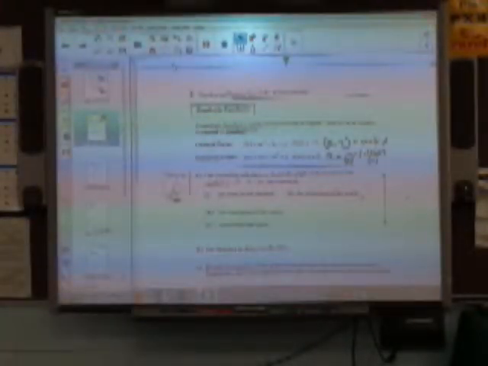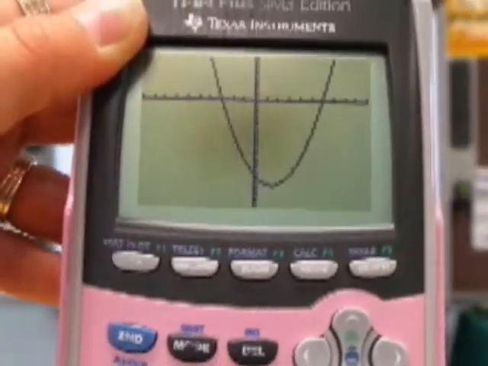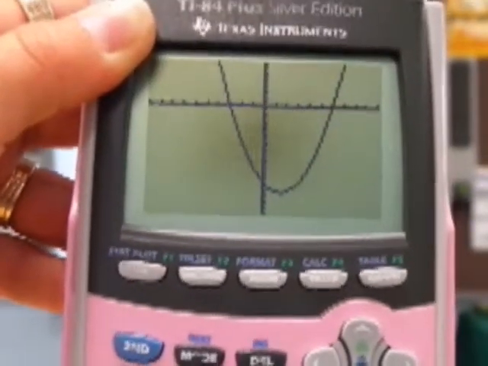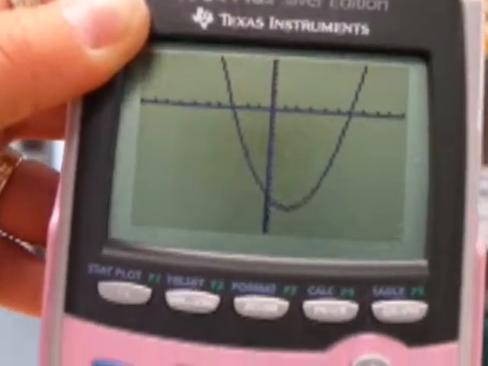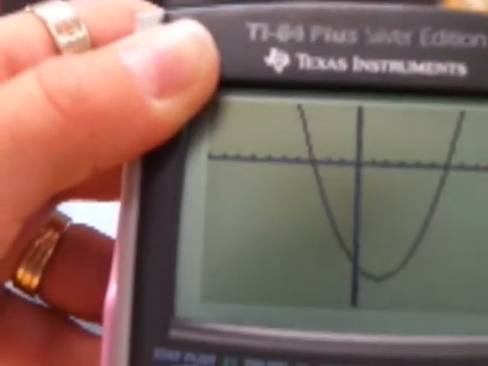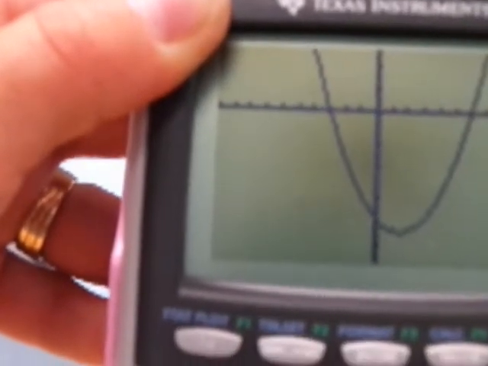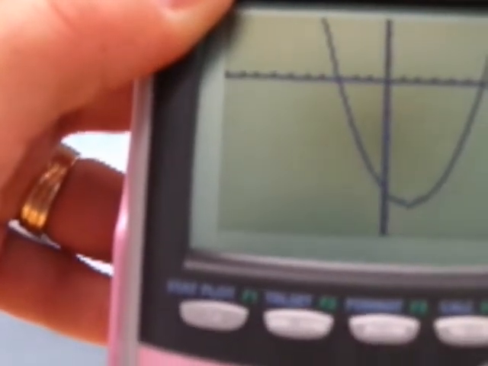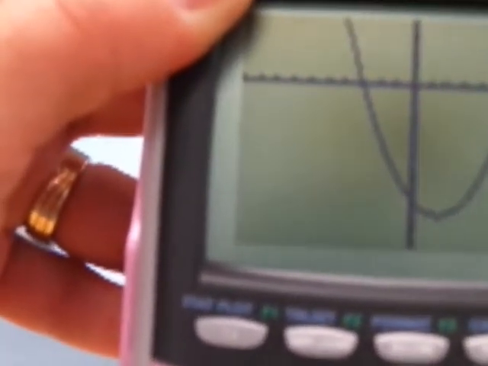And then if I graph it again, there's the graph that I want to be able to see. I want to see where it crosses the y-axis and where it crosses the x-axis. So then the zeros of the function, where do I find the zeros of the function? And how do I find the x-intercepts?